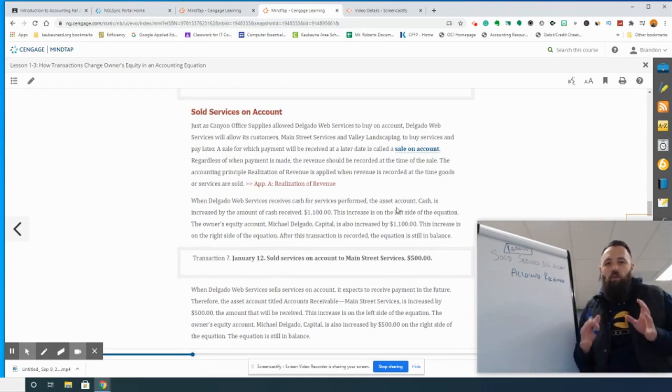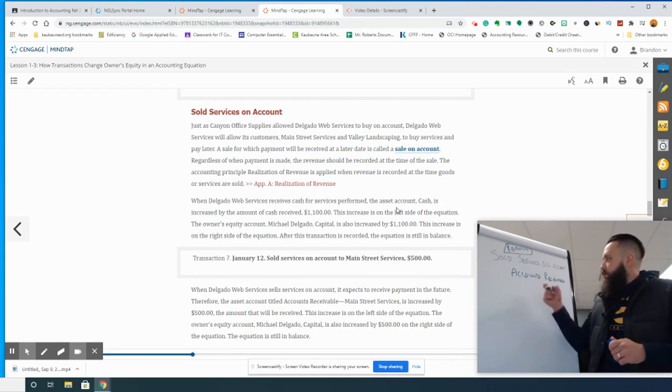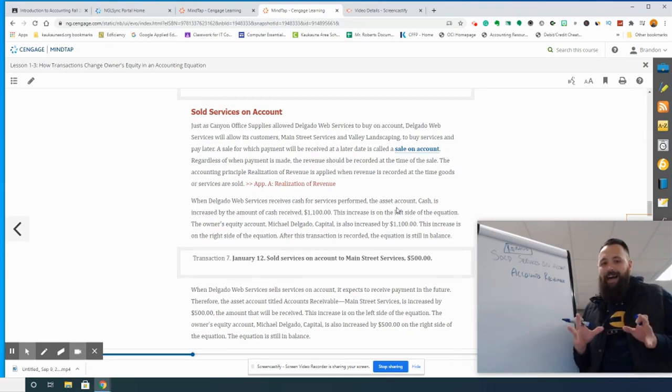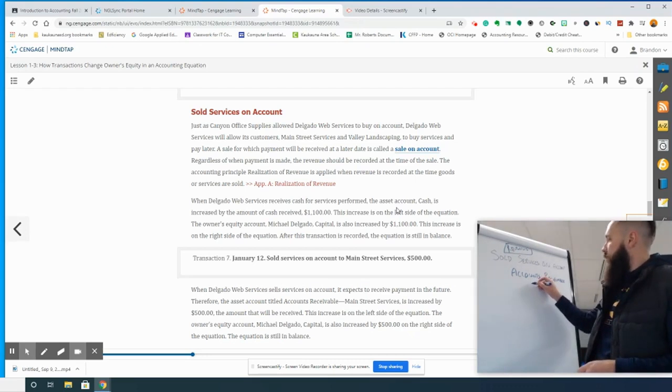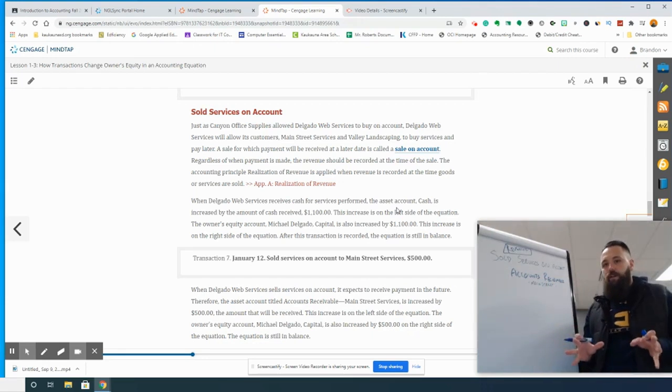And this accounts receivable is going to be tied to the company that owes us money. If you look at the book here, it was to accounts receivable, and we'll say Main Street, because I think that's what it's called, Main Street Services. So accounts receivable is very interesting because it means that somebody owes us money.